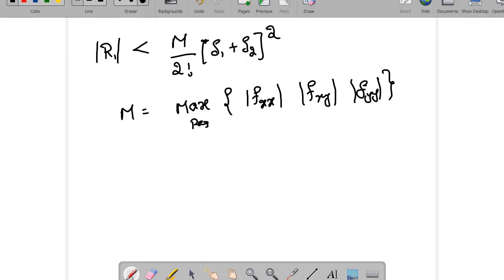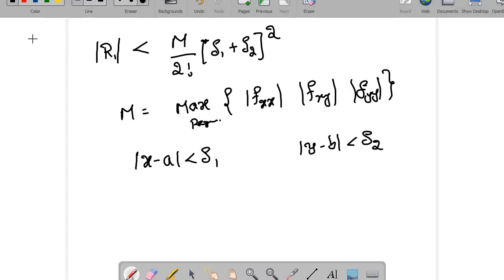So that's what M is, the maximum of the second order partial derivatives, and delta 1 and delta 2 are defined like this: |x minus a| is less than delta 1 and |y minus b| is less than delta 2. This is the rectangular region.